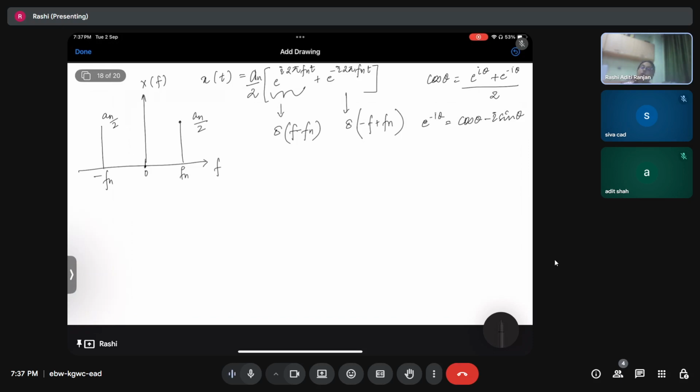So this is going to be the plot of the Fourier transform. Okay, I hope this is clear. And the contribution is half half.